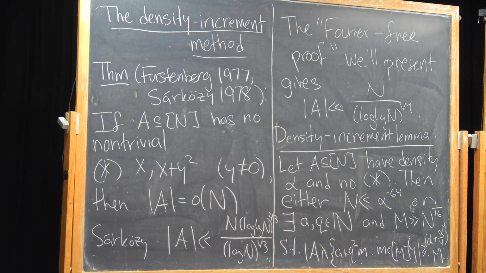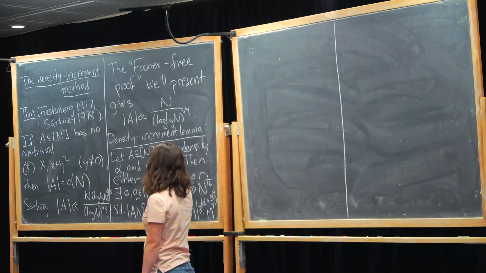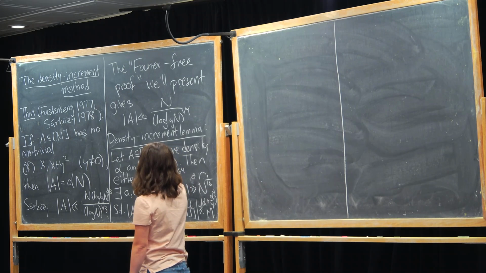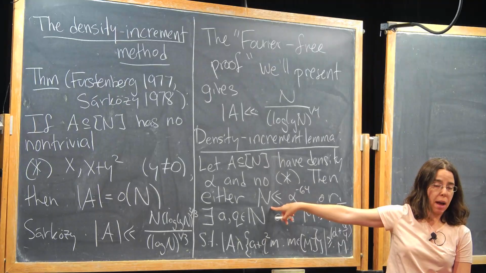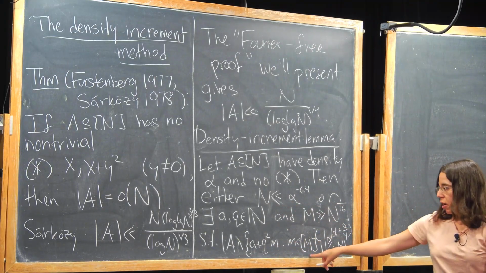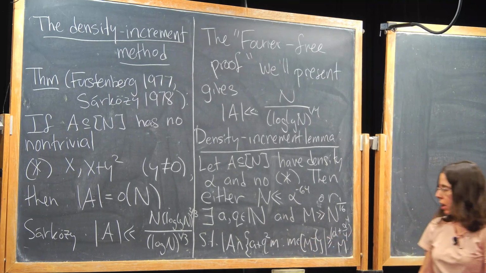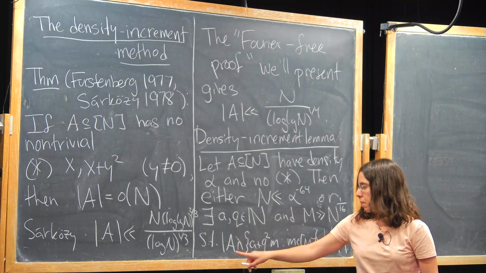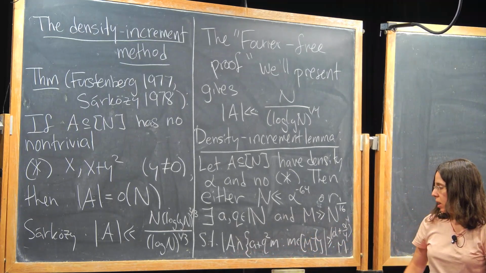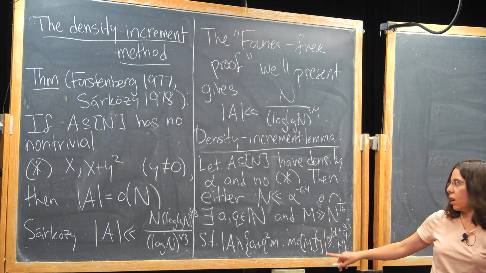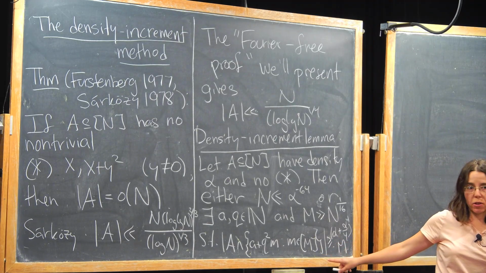Okay, so the idea of the argument is that, either you're in the first case, in which you know that then n must be at most like a constant times alpha to the negative 64, and then you're happy. If not, you're in the second case, and you have increased density on a long arithmetic progression with square common difference. So then you can rescale this intersection and get a subset, let's say A prime of M, with density at least alpha plus alpha to the 4th over 4, that again lacks non-trivial square differences.